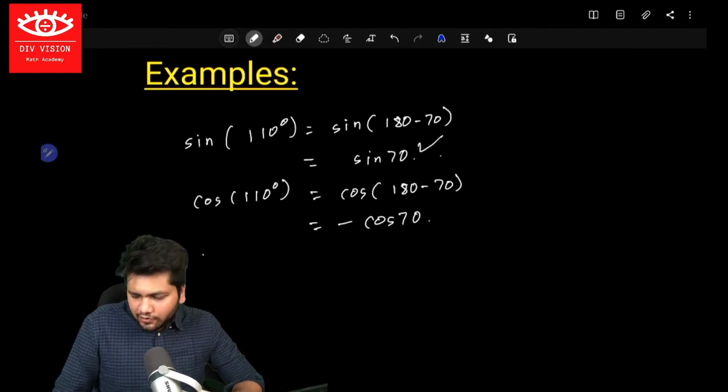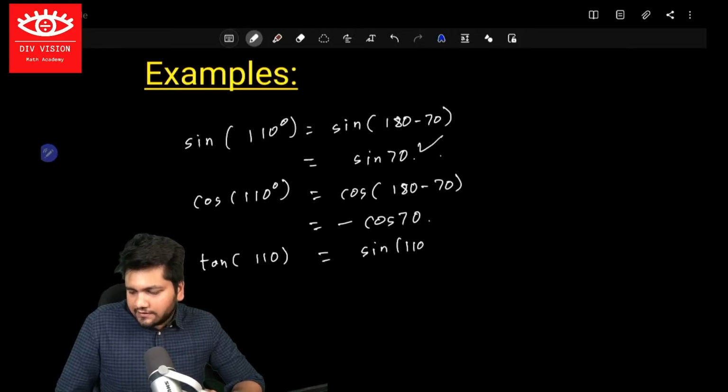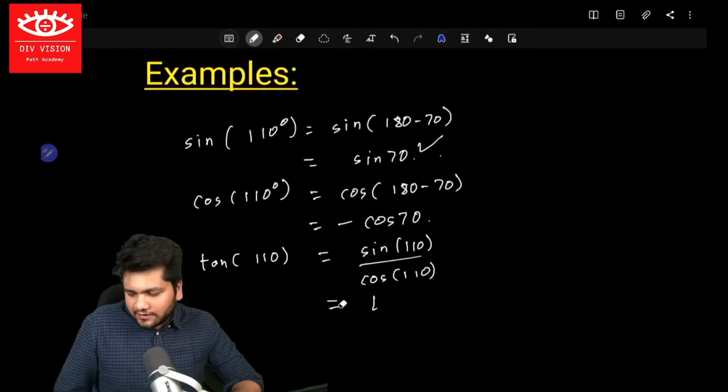Okay. Now, if you talk about tan 110, tan 110 is nothing but sine 110 upon cos 110. Sine of 110, we just figured out, was sine 70, and cos 110 was minus cos 70.